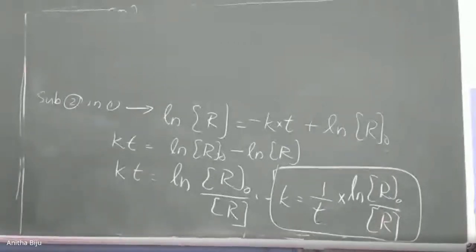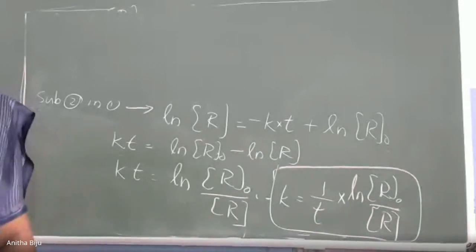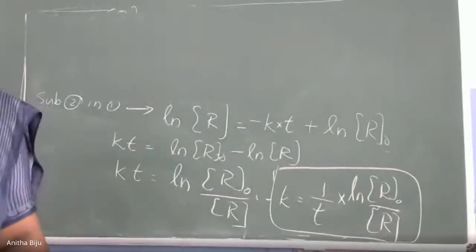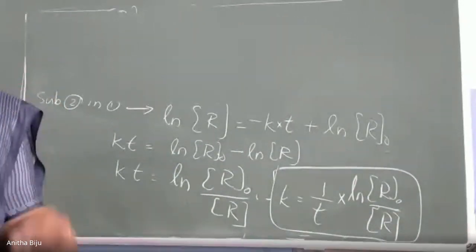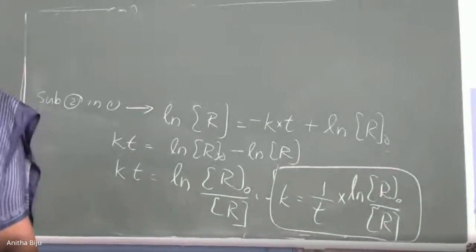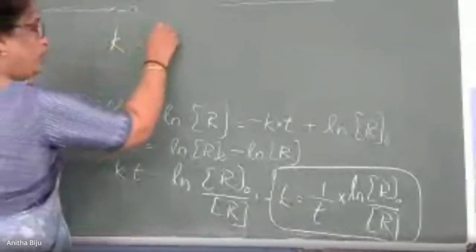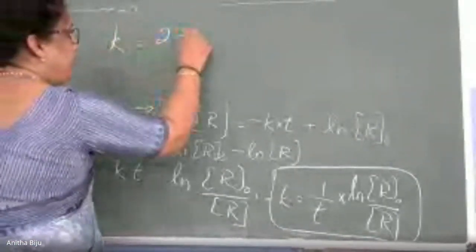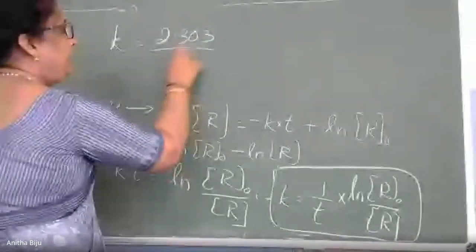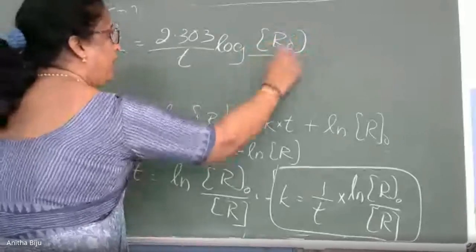All right. So this is logarithm on the base e. We can convert logarithm to the base e to logarithm to the base 10 by multiplying by the value 2.303. So the formula is k is equal to 2.303 divided by t log r naught by r.